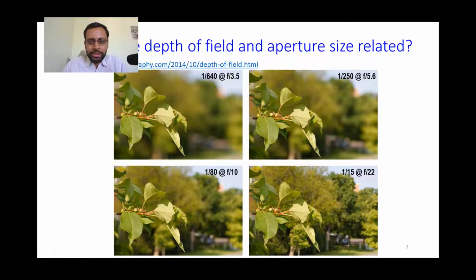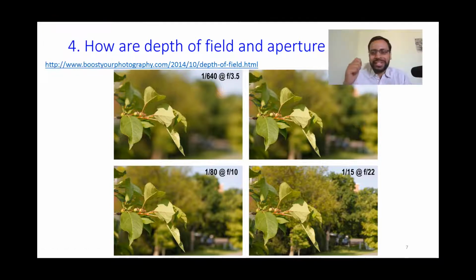Another point, I'm sure if some of you had experience with SLR cameras, you would know. Does anyone have any idea what this number is here? Your aperture is decreasing here. For a small aperture, you need to let in more light, so you are keeping it for one-fifteenth of a second here.